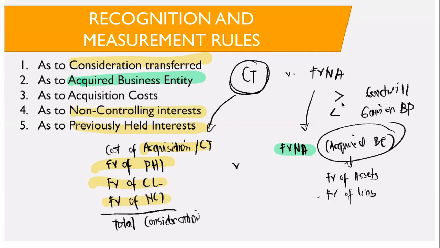So first, on your cost of acquisition or consideration transferred. So what is this cost of acquisition or consideration transferred? This is the amount of assets, liabilities, or equity issued by the acquirer to the acquiree.